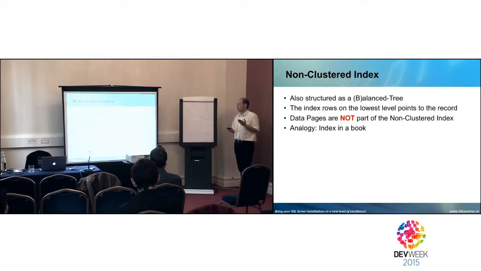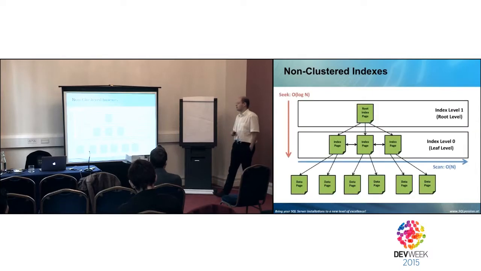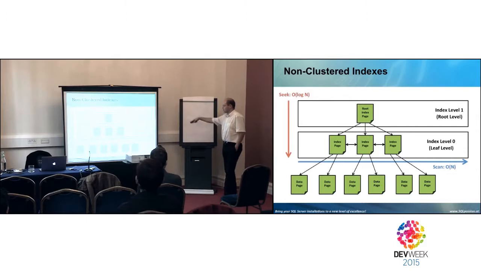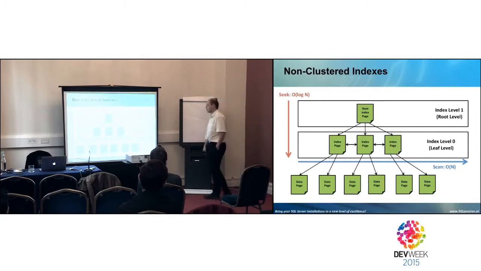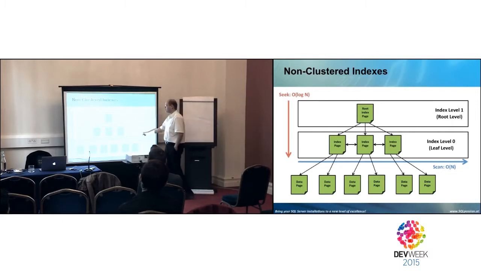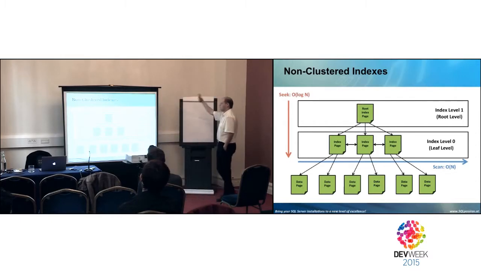A non-clustered index in SQL Server is again just a balanced tree, a B-tree structure that we have already seen previously with our clustered index. In a non-clustered index, we again have the leaf level. In the leaf level, we have our index records, means for every record in our table, you have one record in the leaf level of the non-clustered index, and on top of that leaf level, you have again a navigation structure.